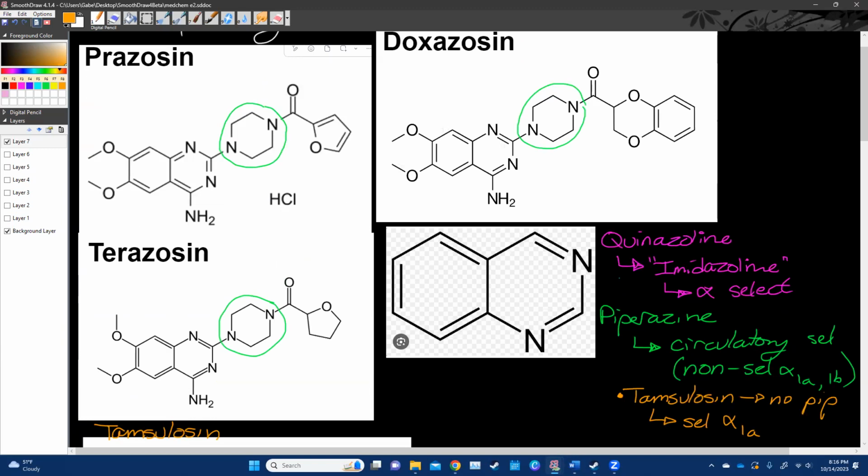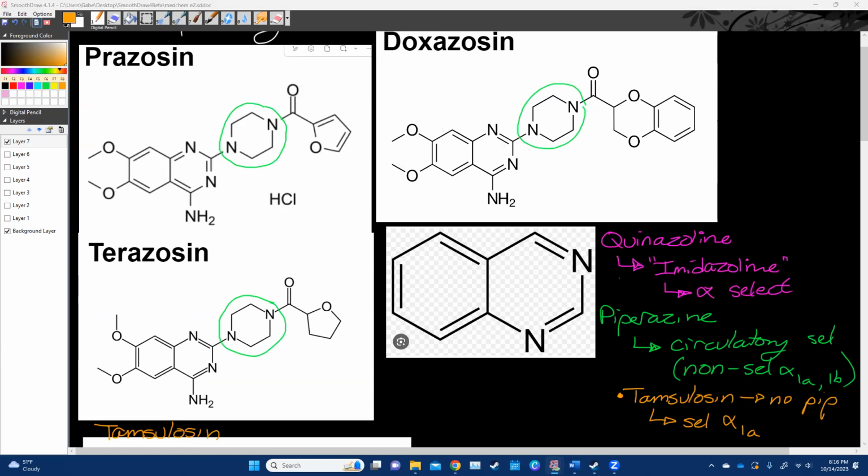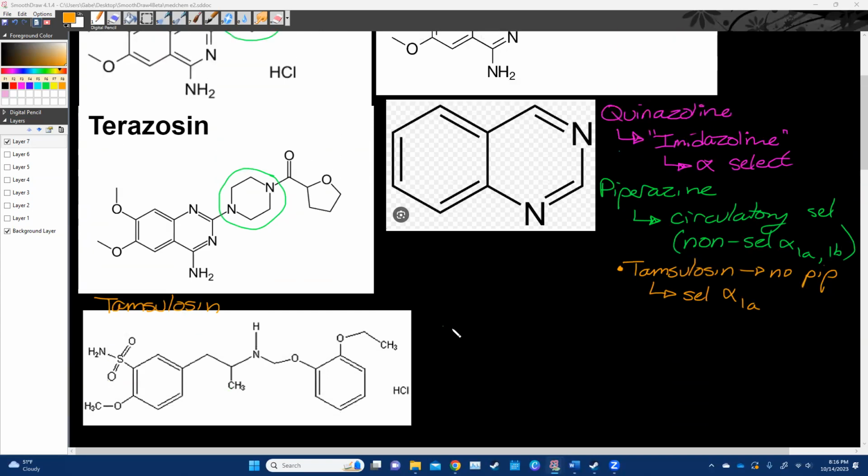A couple of other important features in here. It also does not have the quinazoline backbone. The reason for this is because it actually has the phenylethylamine backbone, right?